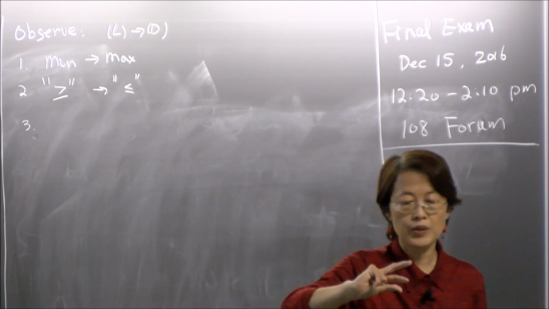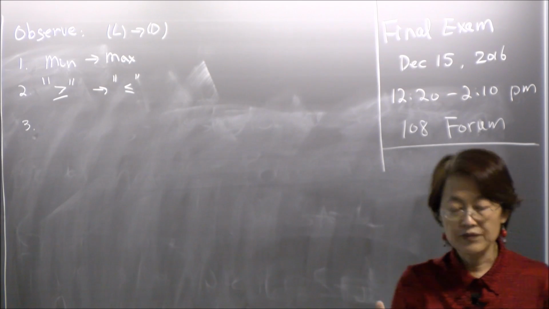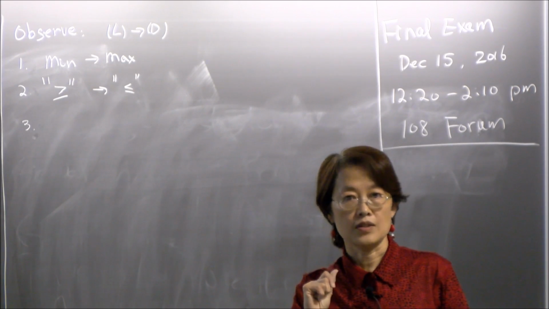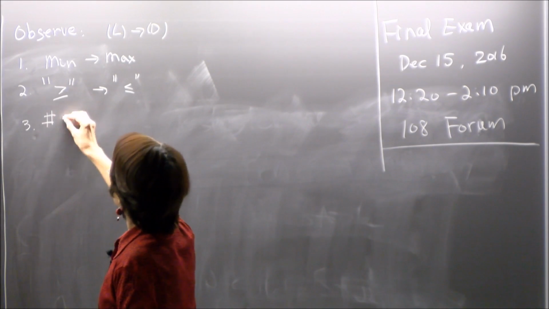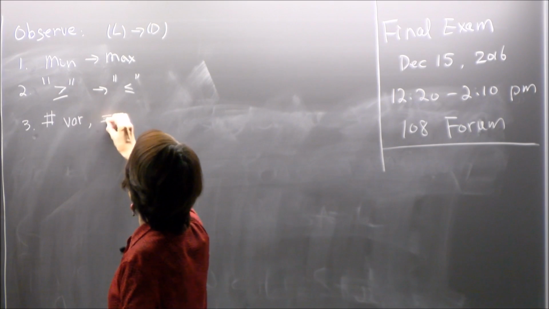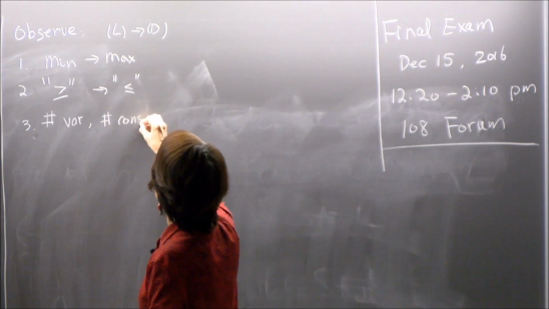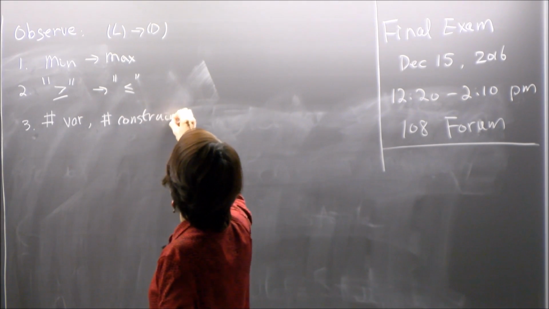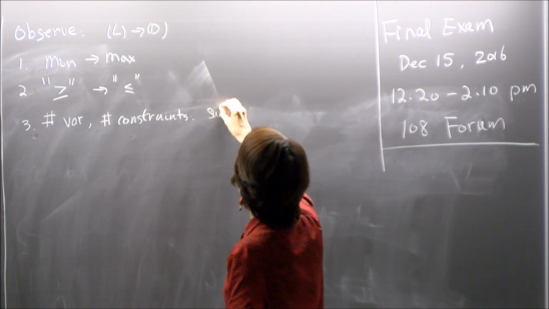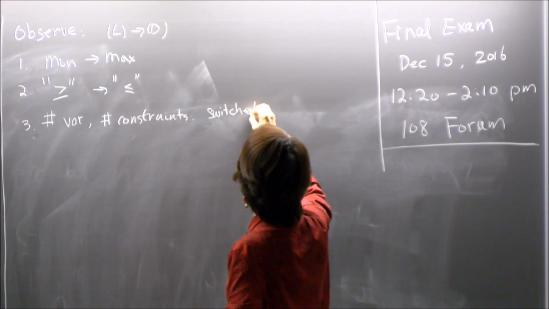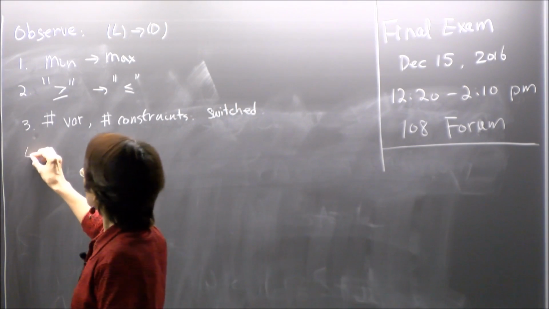So the number of equations and variables are switched. Do we see that? So the number of variables and number of constraints, to go from L to D, we switch. Okay, anything else?